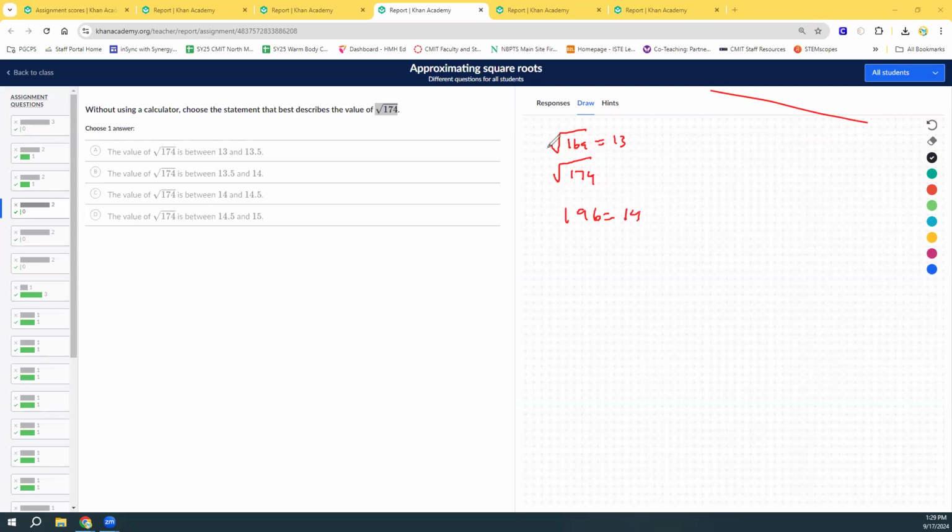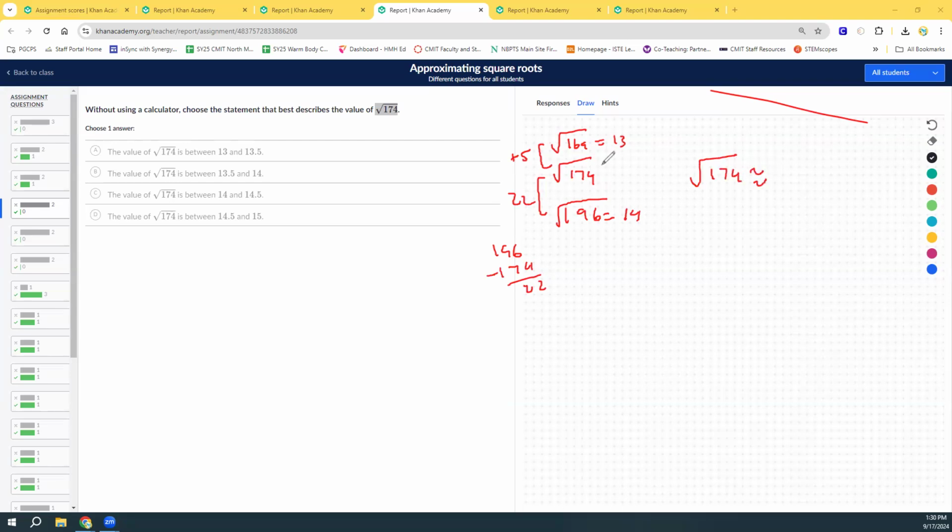So now if I do subtraction, I can see that these are 5 away from each other. And what's 196 minus 174? That is 22 away from each other. So 174 is a lot closer to 169.